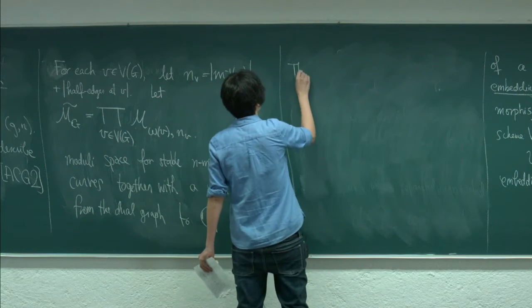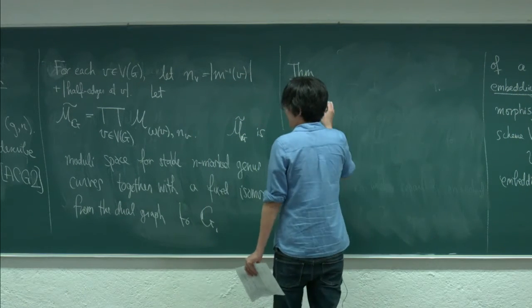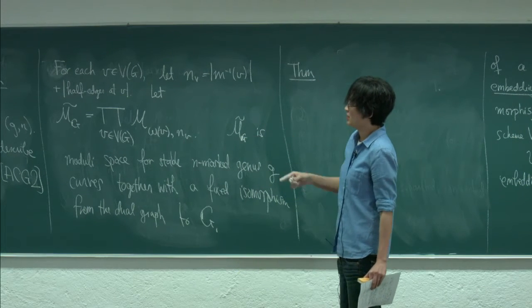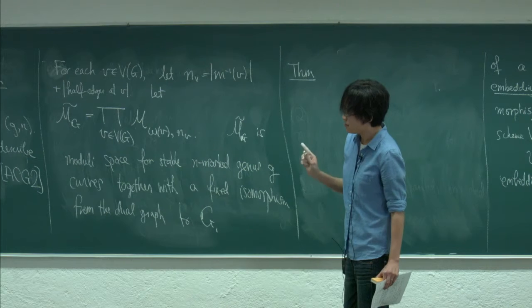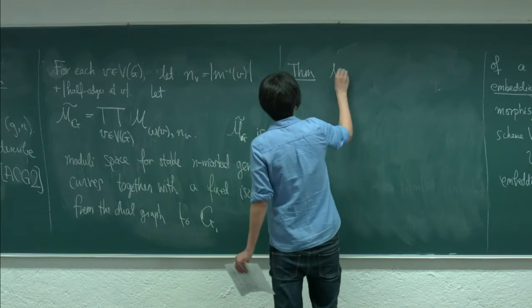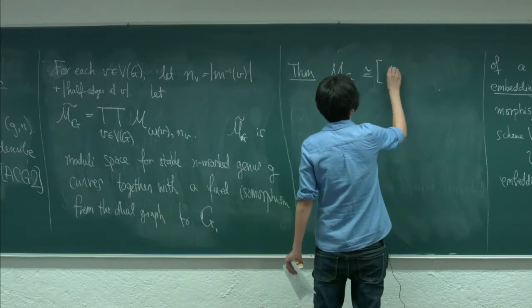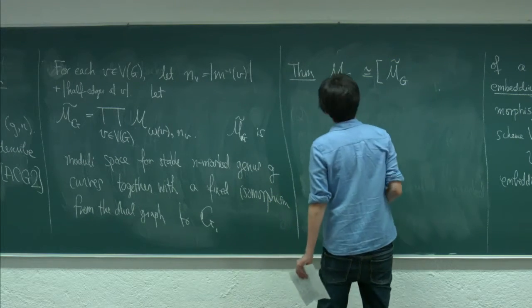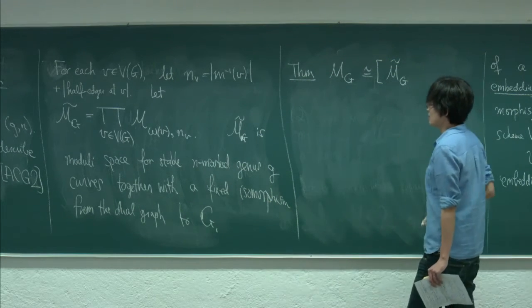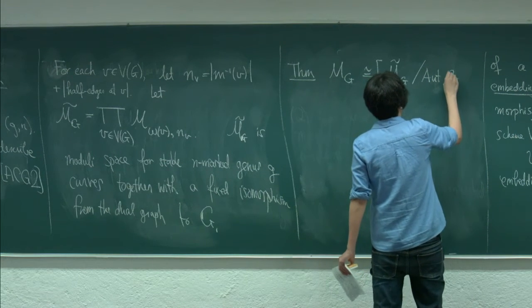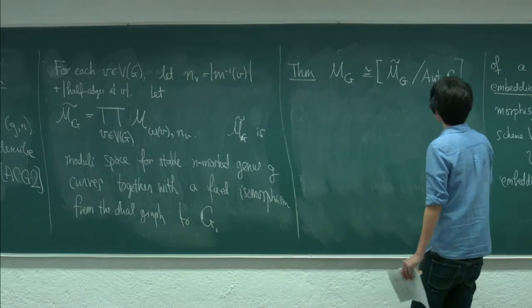So I guess the theorem is that the stratum of M_g,n bar corresponding to stable curves of type G is obtained, by a canonical identification, by taking the stack quotient of M_G tilde, as described just previously, by the action of the automorphisms of the type G.